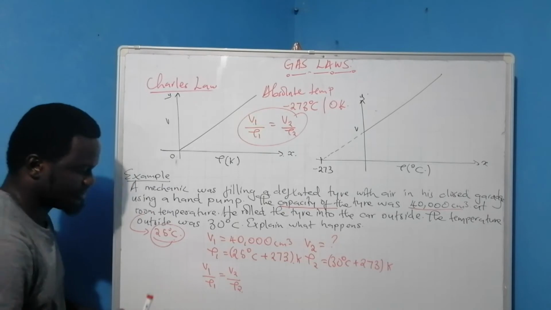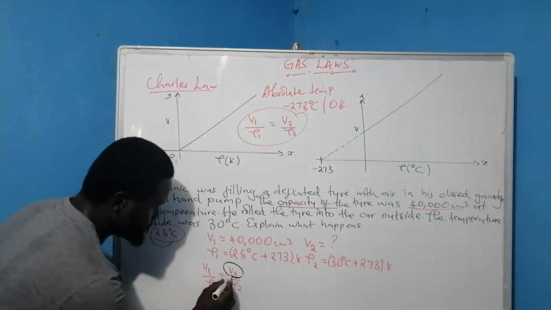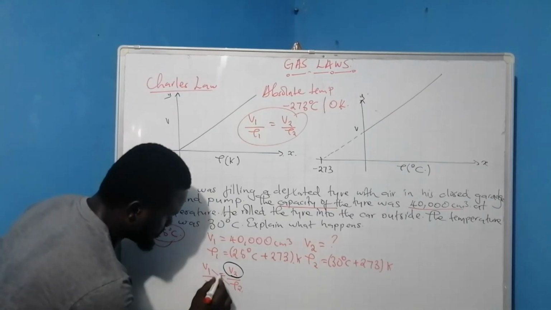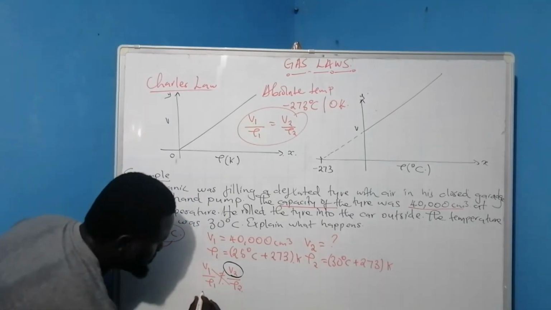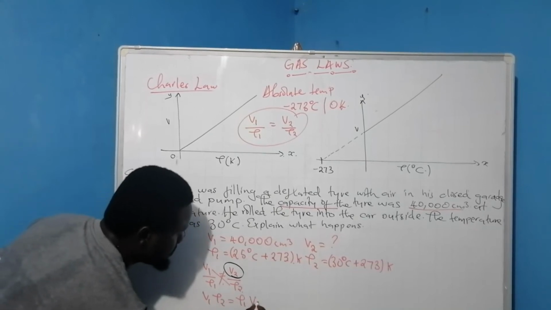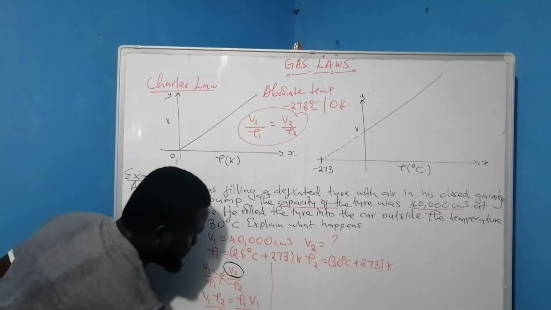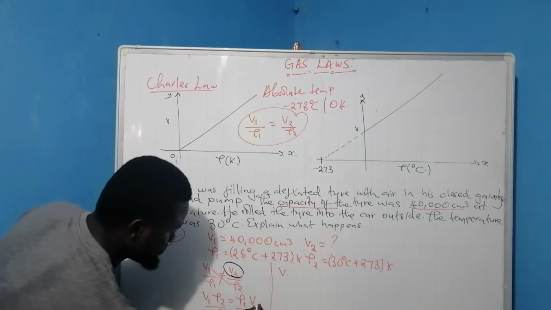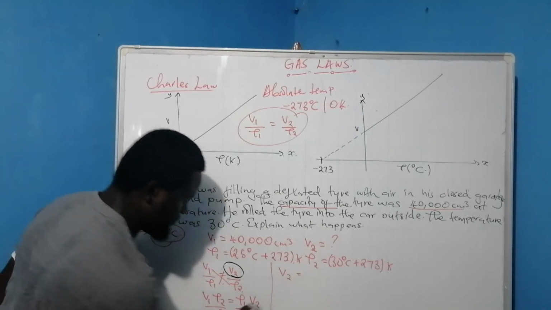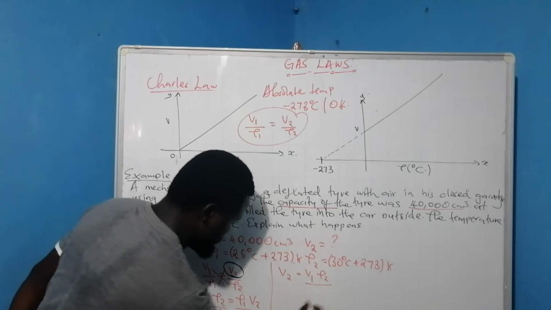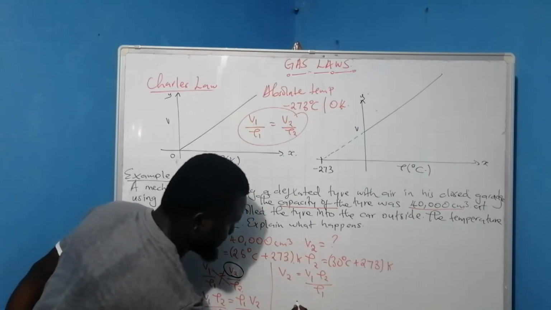What do I want? I want V2. So I cross multiply. When I cross multiply, I will have V1 T2 is equal to V2 T1. And if I divide everything by T1, I will have V2 equal to V1 T2 all over T1.